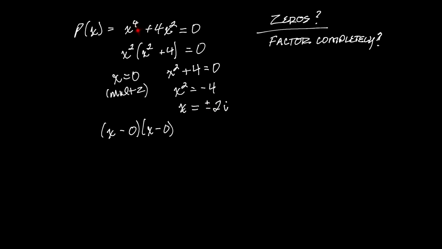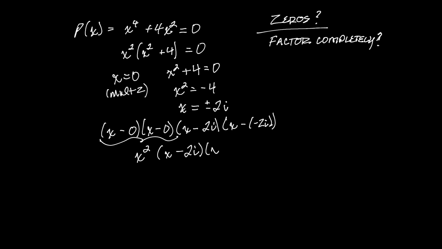So we have our 4 zeros. Now we're just going to write out 4 linear factors: x minus 2i, x minus negative 2i. This just ends up becoming an x squared, and this would simplify as x minus 2i and x plus 2i.